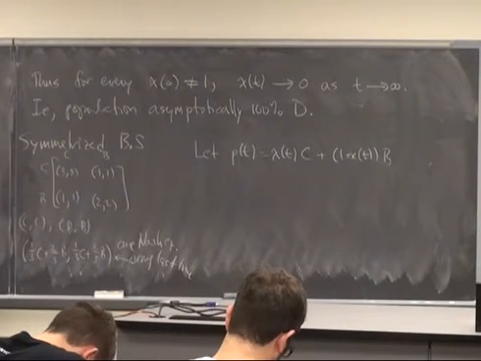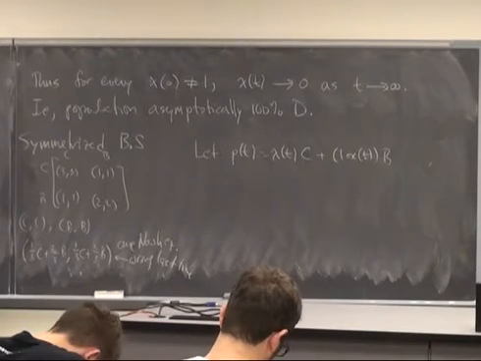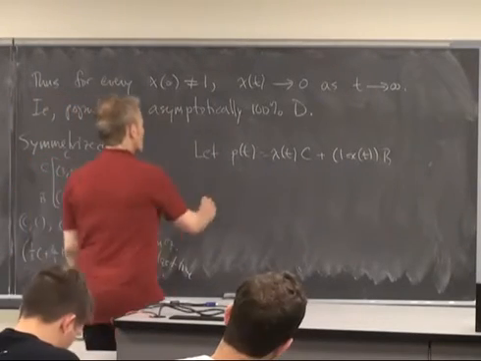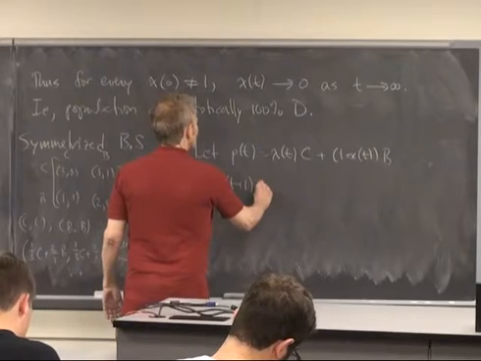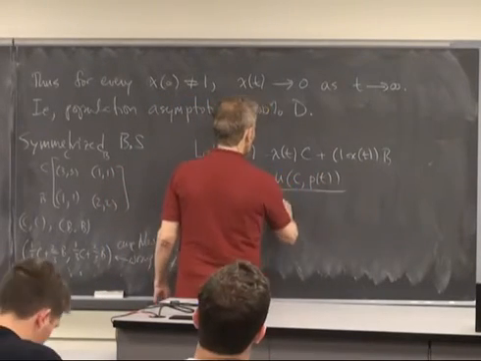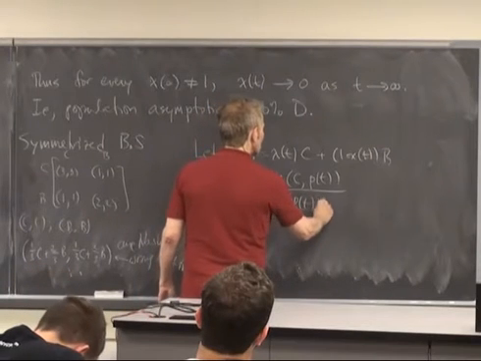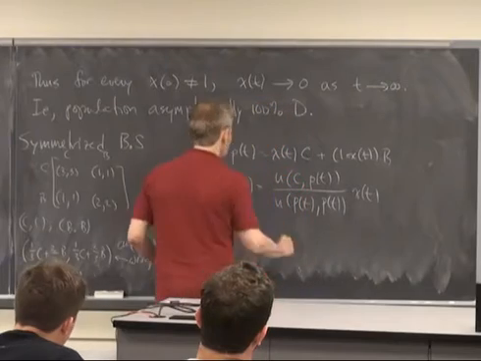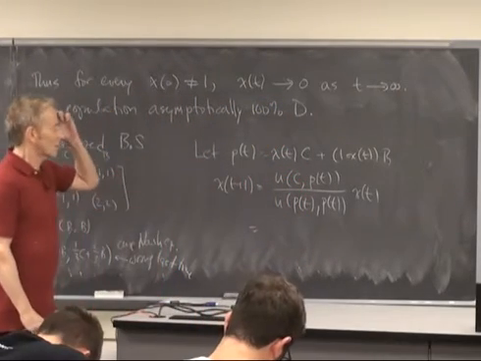The fraction of the population playing B is 1 minus x. And if you go through this whole drill, x of t plus 1 is equal to u of C against p of t plus u of p of t against p of t times x of t. And I'm just going to figure out the numerator here. I'm not even going to bother to figure out the denominator.